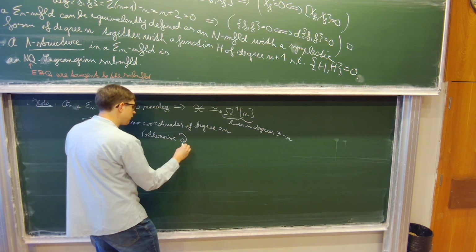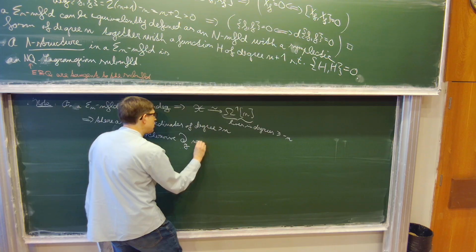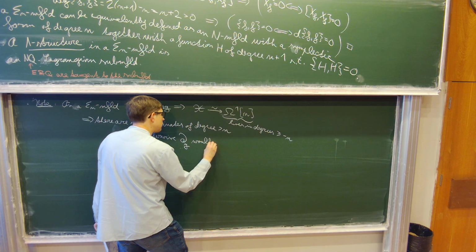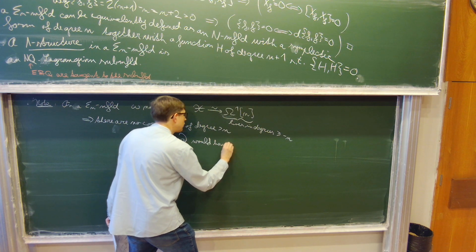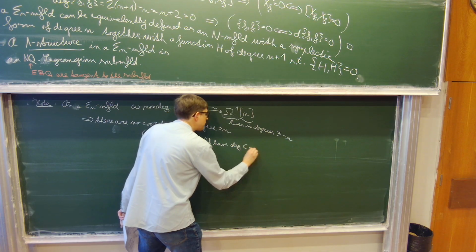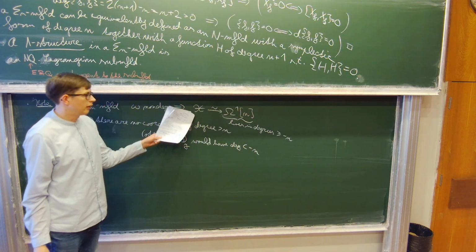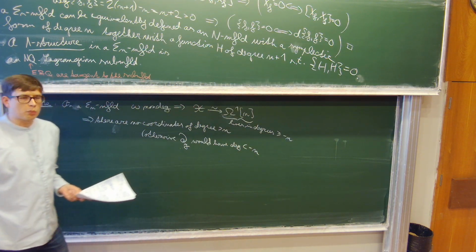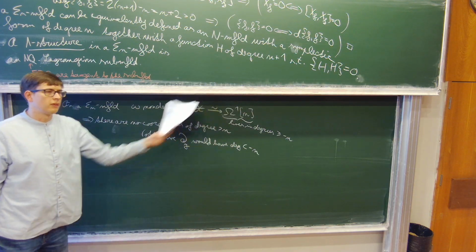So this would have degree less than -n, and it would live in here, which is not possible because they are the same.